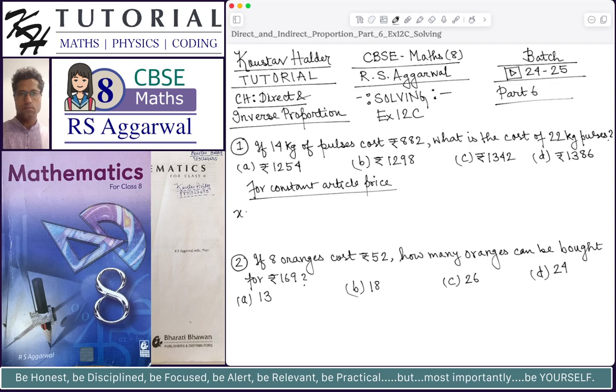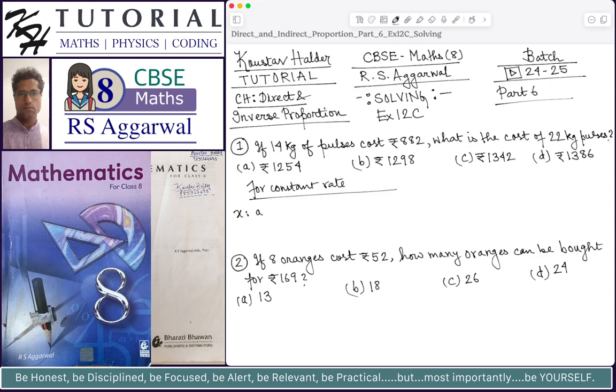in this problem, it is not articles, actually, this is about the amount of pulses. Instead of constant article price, I think the better way of saying will be for constant item price, or for constant rate of price, that is in this case the rate of cost of pulses per kg.